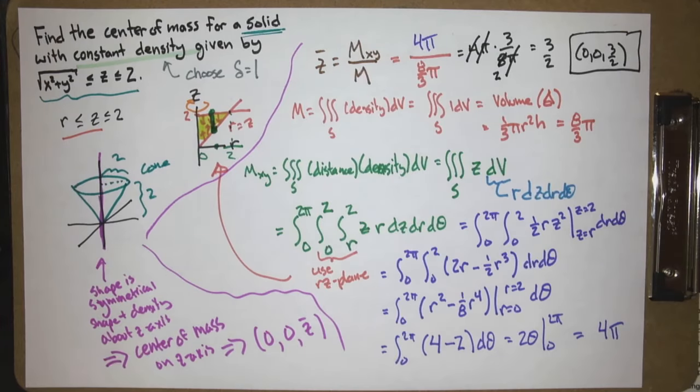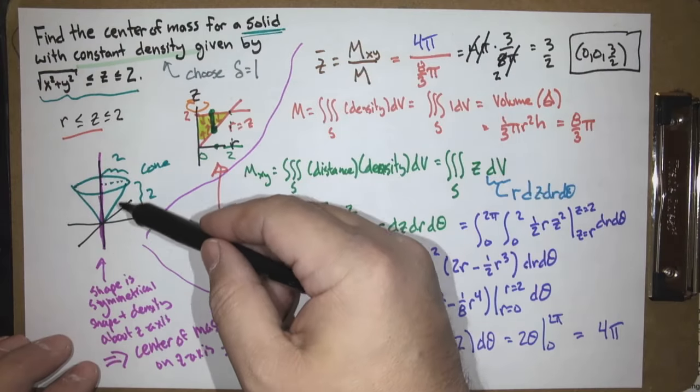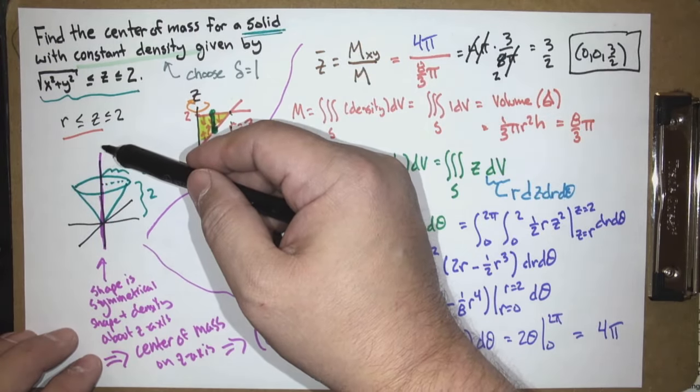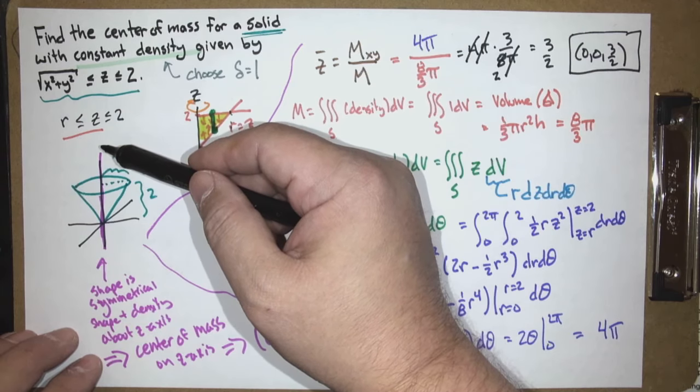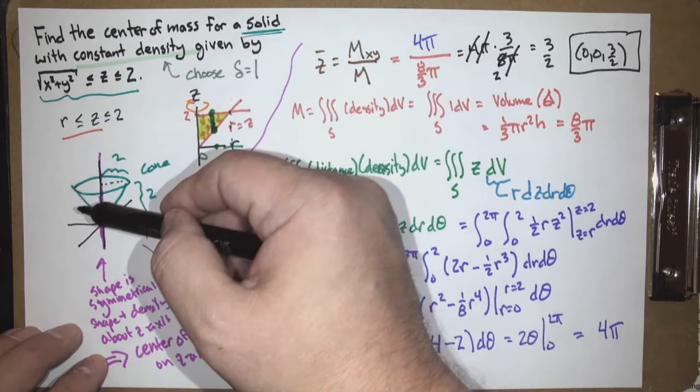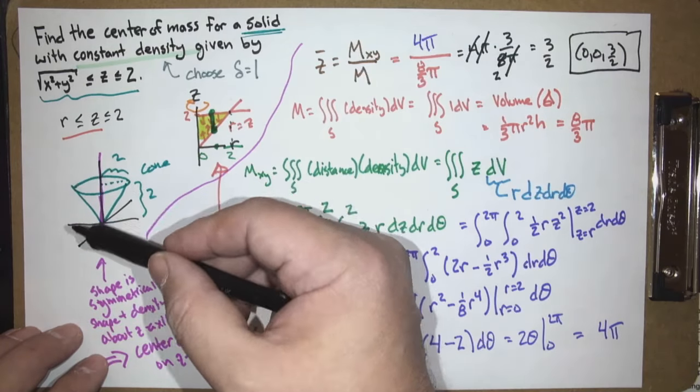Is this a reasonable answer? Think about where 3/2 is in relationship to this cone. Now, if it was outside the cone, is that a reasonable answer? Yes. No. Good. Some people were saying yes. No. The center of mass has to be somehow, you can't be outside the mass and be its center.